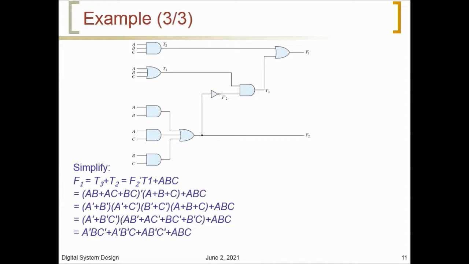After simplifying this, we get the result F1 is equal to A complement B C complement plus A complement B complement C plus A B complement C complement plus A B C. If we want to pursue the investigation and determine the function transformation task achieved by this circuit, we can draw the circuit from the derived Boolean expression and try to recognize a familiar operation.